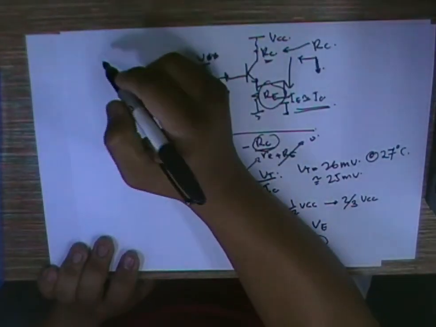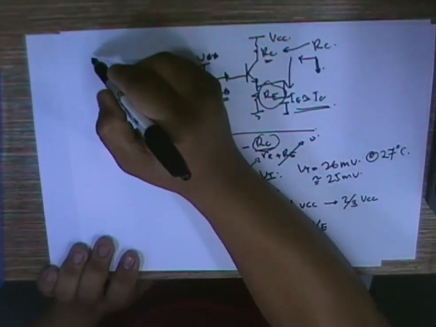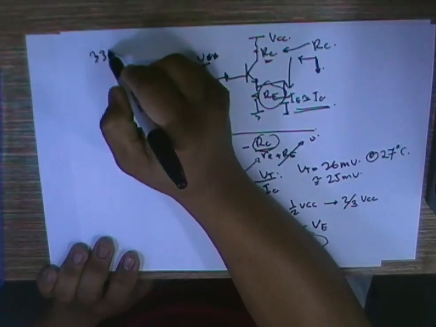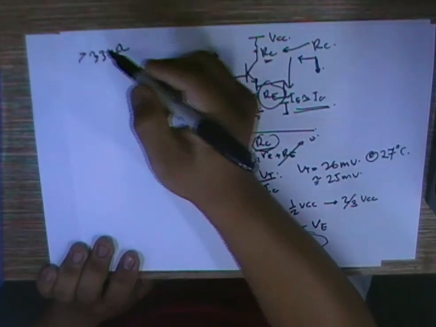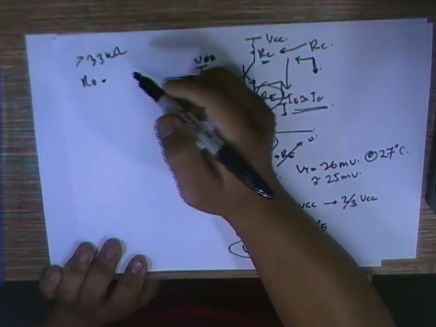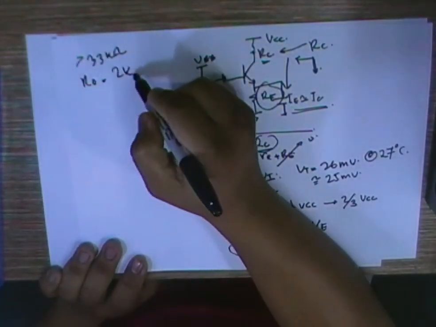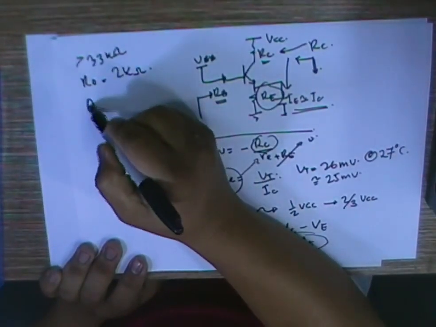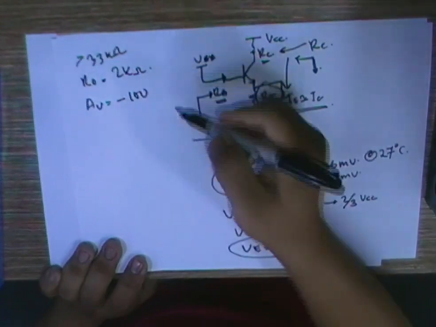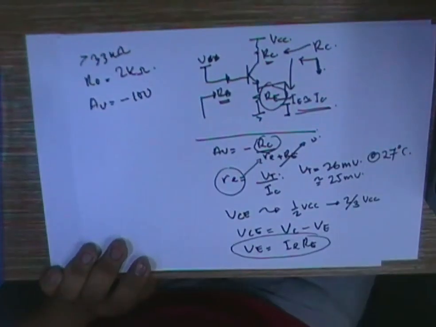Let's say our input impedance or input resistance to be around 33 kilo ohms, or greater, and say my R out is around, say, 2 kilo ohms, and I want the gain to be about minus 100. If you do this thing, how to set?